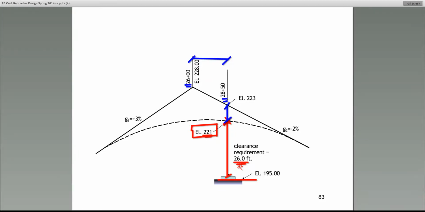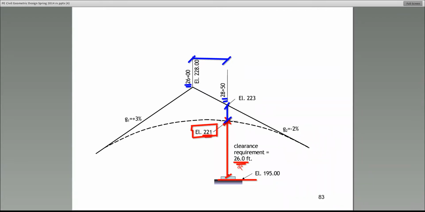The longer the length of the curve, the flatter the vertical curve becomes. So to ensure that we have at least 26 feet of clearance, we need to make it shorter. All right?